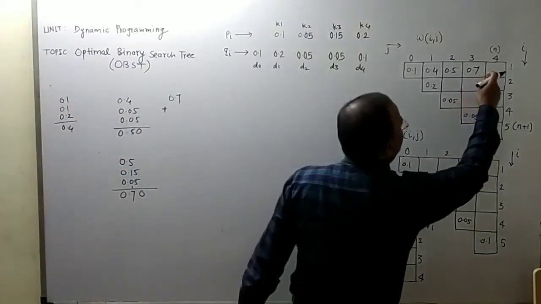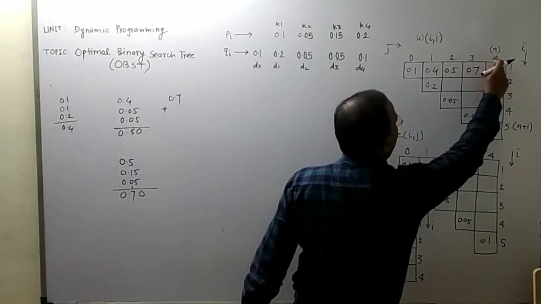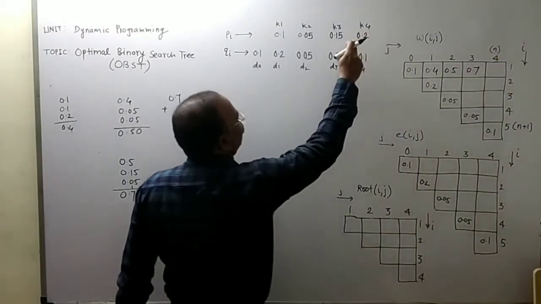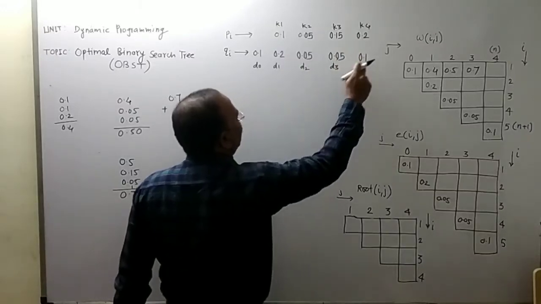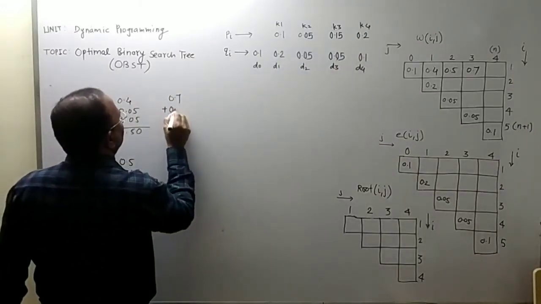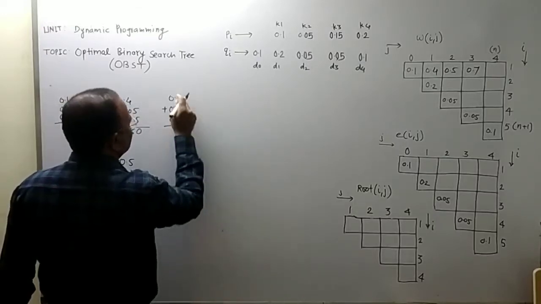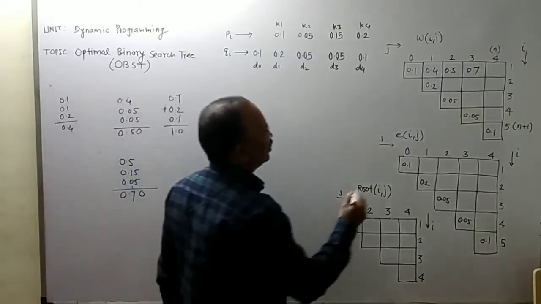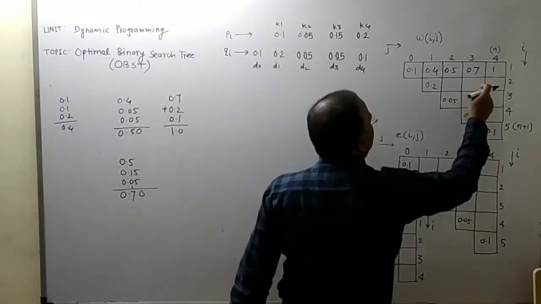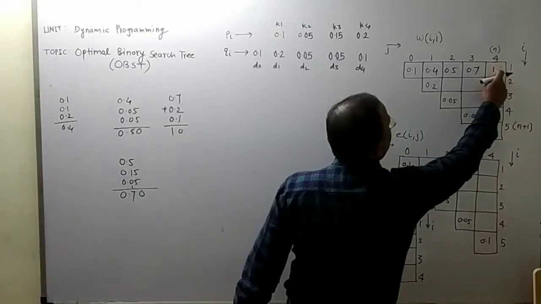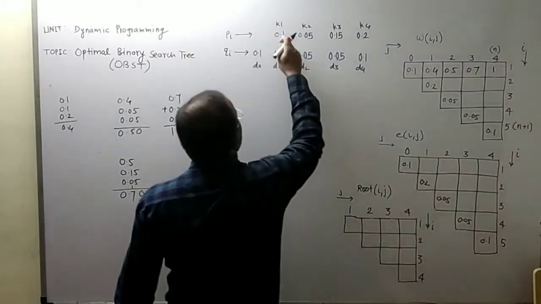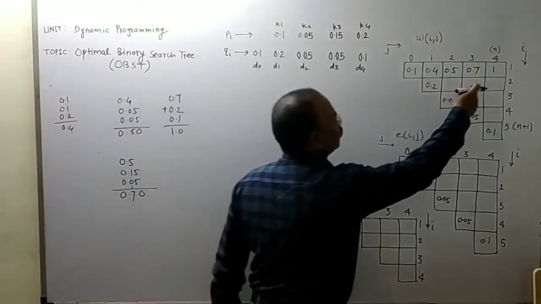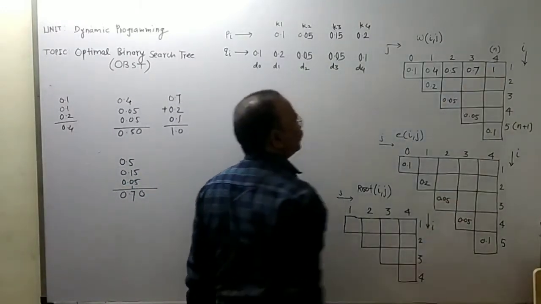Then take the probabilities of K4 and D4. We have the probability of K4, that is 0.2, and the probability of D4, that is 0.1. Take the sum of these values, it gives 1.0, means 1. Here we have got 1, which gives the sum of the probabilities of actual keys and dummy keys. In OBST problems, we always get 1 here.